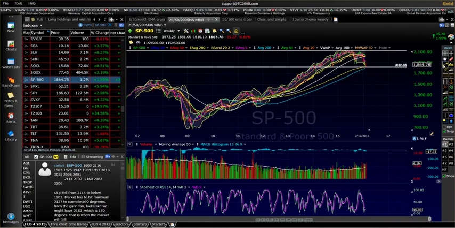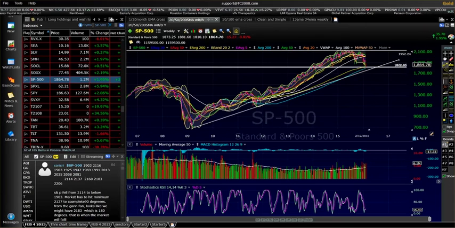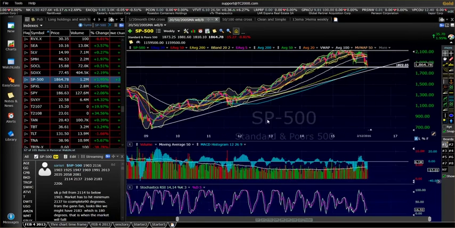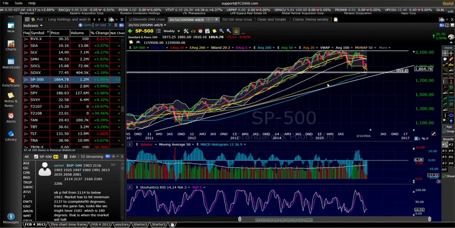So let's draw some technical lines, some trend lines on the S&P 500. And we talked about how we ramp and accelerate, for areas of support and resistance.